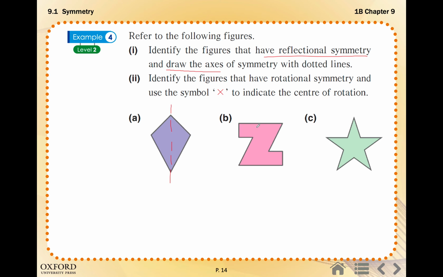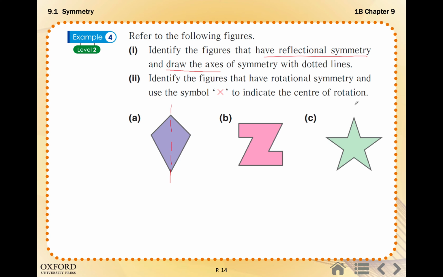And then for part B, I think there is no reflectional symmetry here, right? And then for part C, there is reflectional symmetry. Then you have to draw the axis of symmetry.